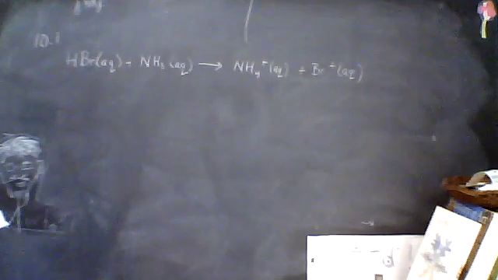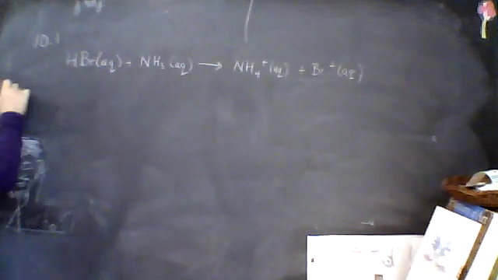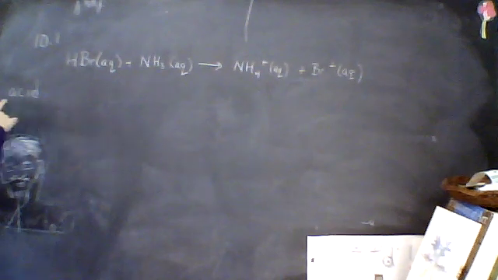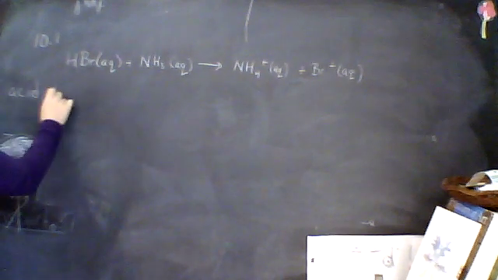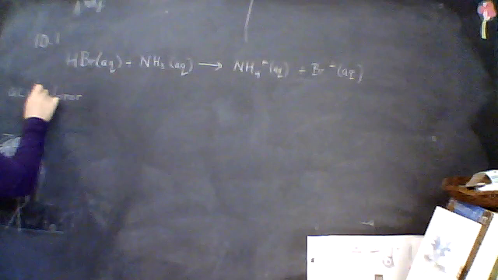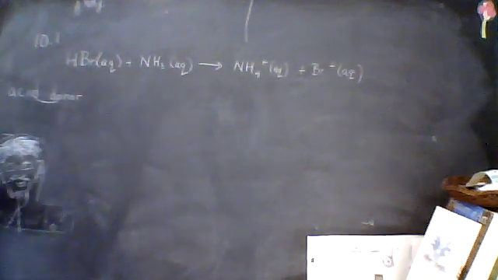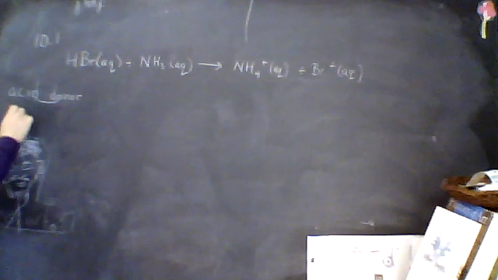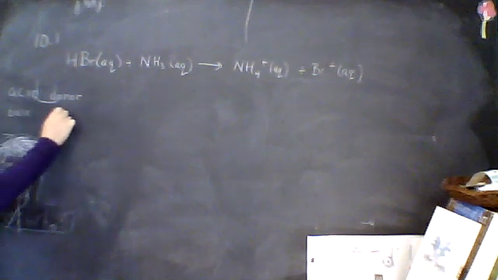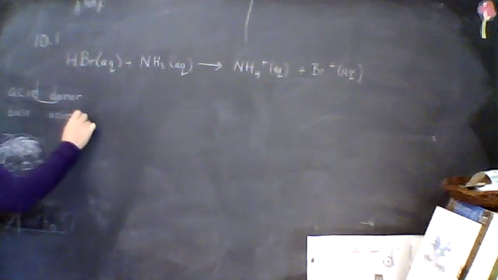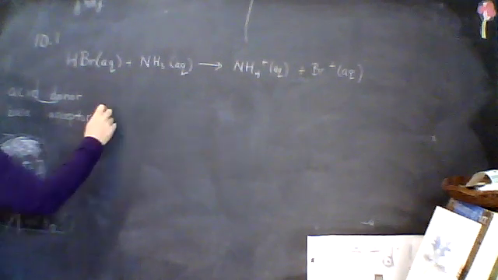Okay, so we learned up to this point in the module that the acid is the donor. I like to think of it as the acid donor, okay? And the base is the acceptor. What is it a donor of? What is an acceptor of?